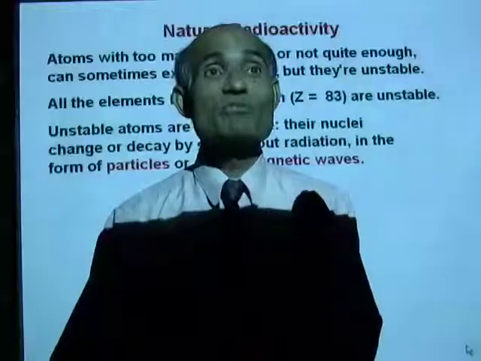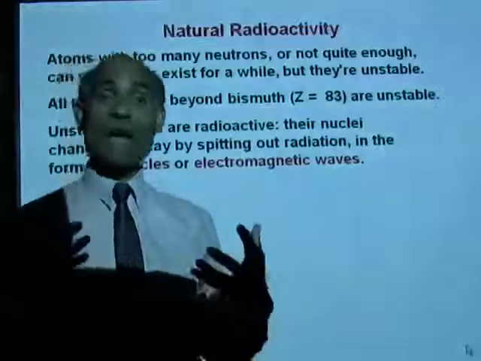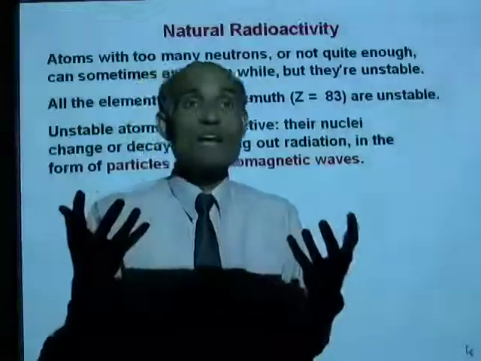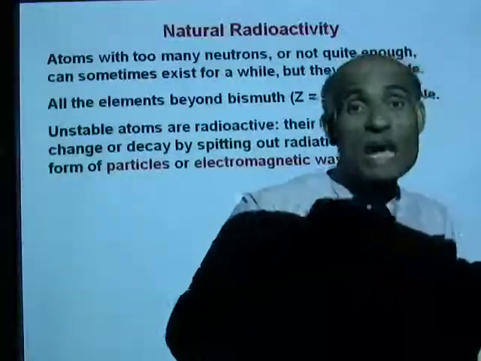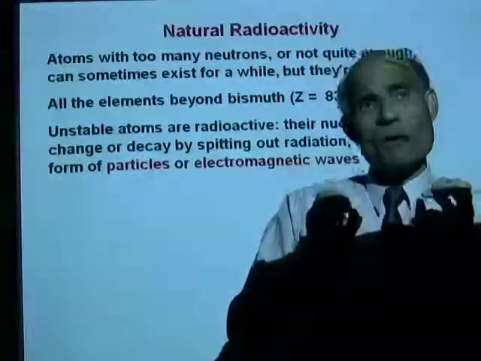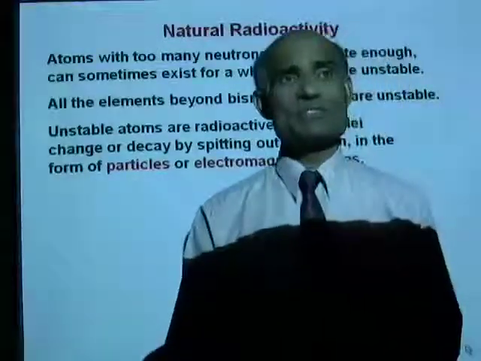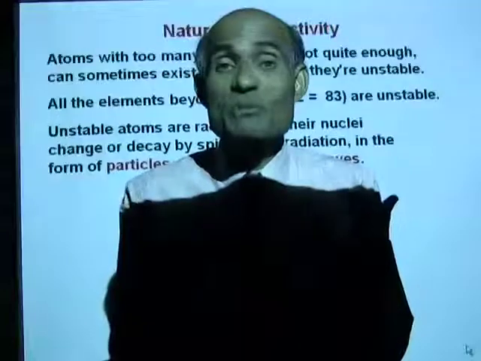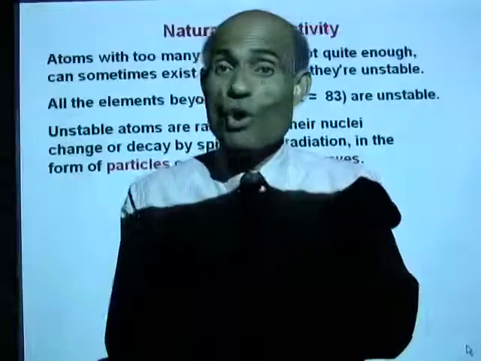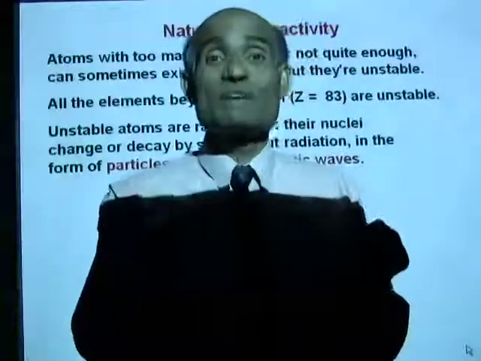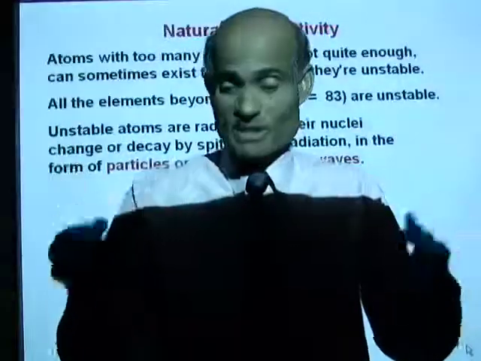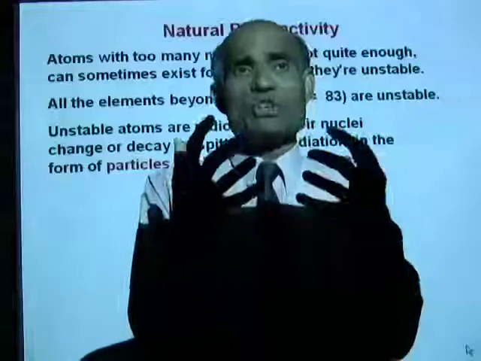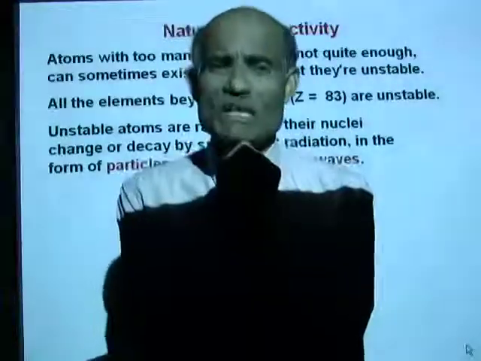Unstable nuclei or unstable atoms are radioactive. These nuclei change or decay. They decay by throwing out radiations. And what are these radiations? These radiations may be made of particles, or they may be just electromagnetic radiations, just energy. Throwing out particles or energy can result in stability.